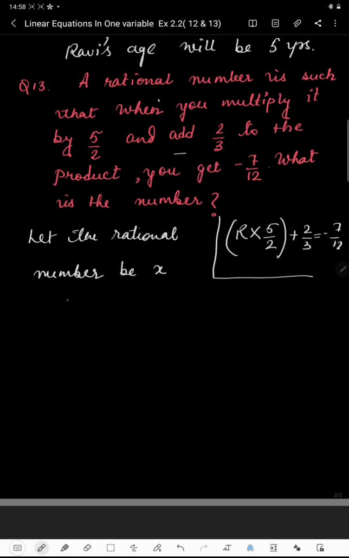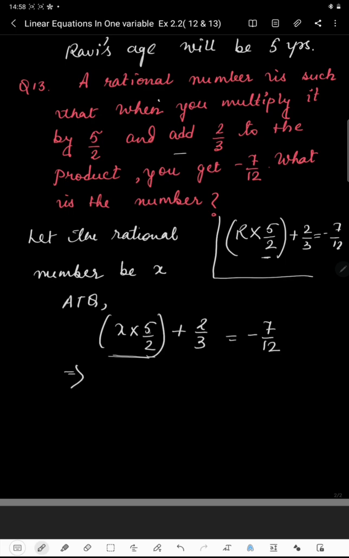Now according to the question, when the rational number is multiplied by 5 by 2 and 2 by 3 is added to the product, we will get minus 7 by 12. Okay, so this is our equation. Now 5 into x is 5x by 2, plus 2 by 3 is equal to minus 7 by 12.